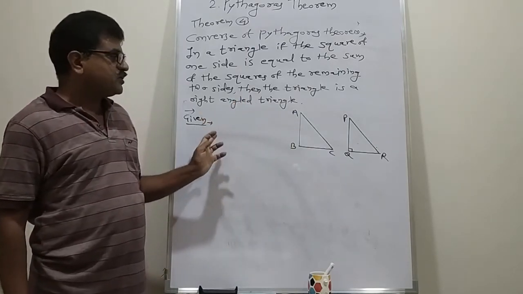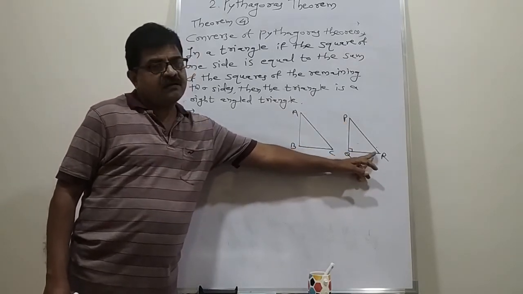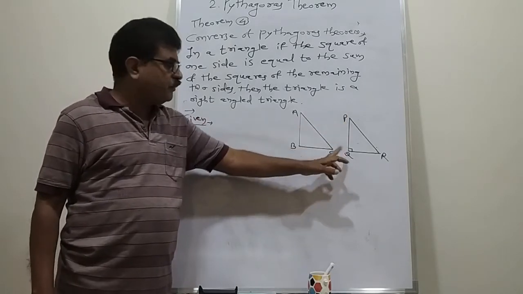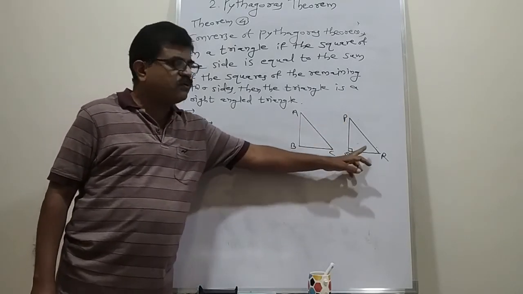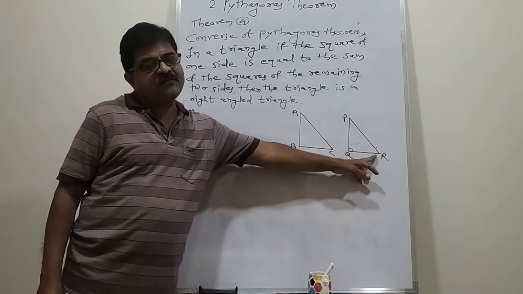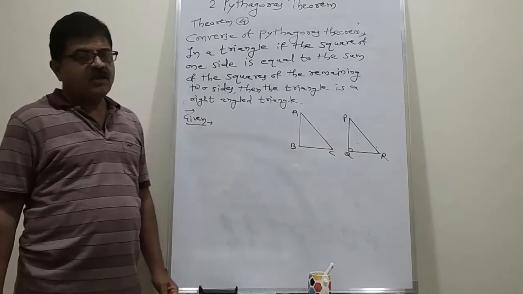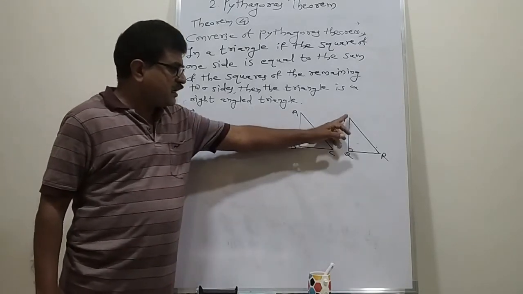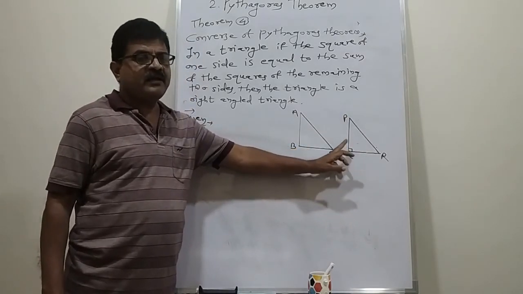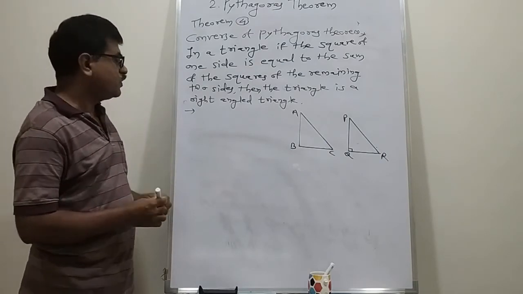For this construction, in triangle PQR, draw AB equal to PQ, BC equal to QR, and angle PQR equal to 90 degrees. This is the construction. Now, in triangle PQR, this angle is 90 degrees. Therefore, by Pythagoras theorem, this is what we have to prove.